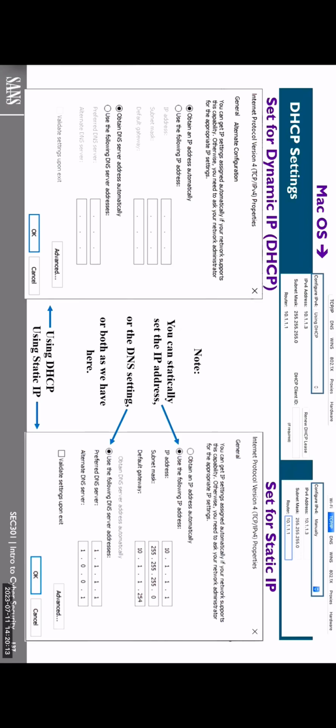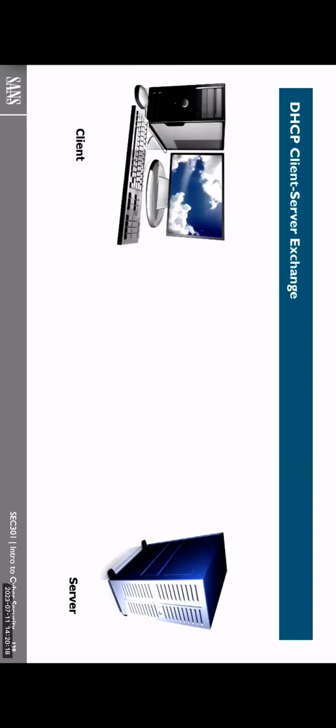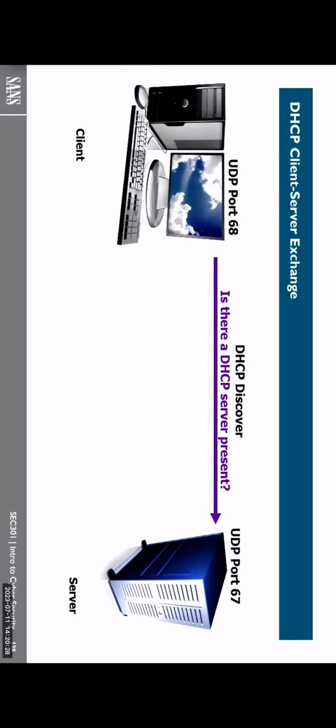Great questions. So let's go ahead and talk about how that DHCP service works. I've got a client machine that joins the network. So your computer joins the SEC 301 access point and says, from UDP port 68 to UDP port 67, broadcast to everybody, hey, is there a DHCP server here?